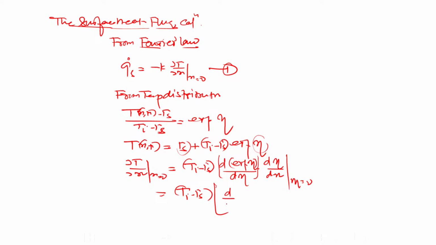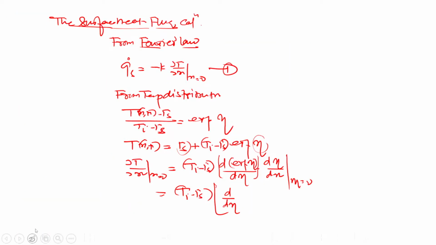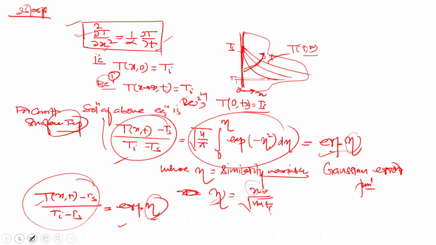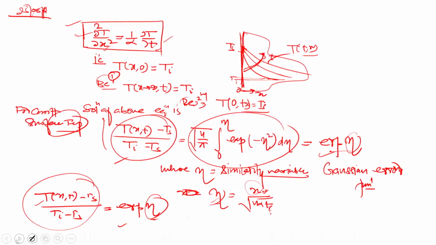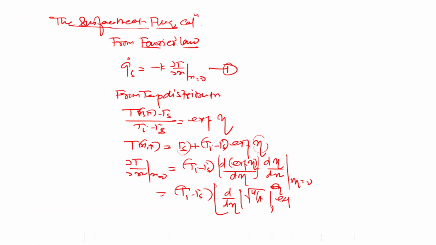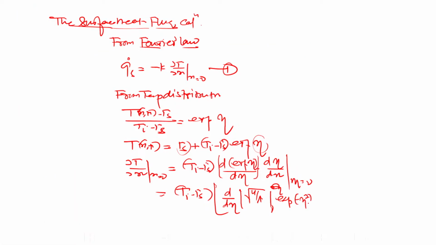So d of d eta of the error function is what? If you see, the error function is root 4 by pi, and this root 4 by pi into the integration from 0 to eta, sorry, of exponential minus eta square d eta, into d eta upon dx, all at x equal to 0.